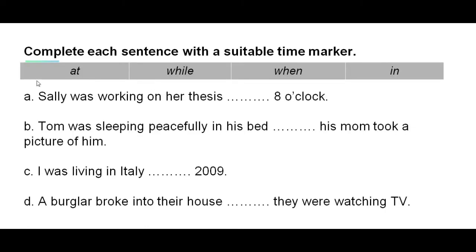And now, read the following sentences and complete them with a suitable time marker: at, while, when, or in. A. Sally was working on her thesis, 8 o'clock. B. Tom was sleeping peacefully in his bed.